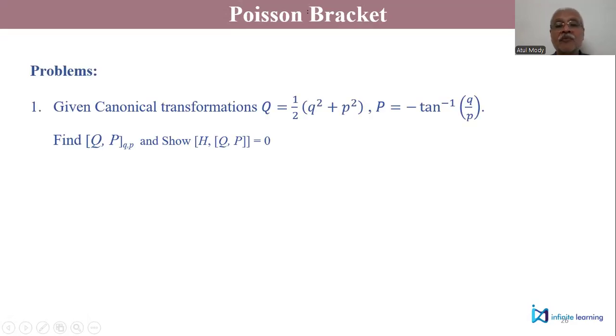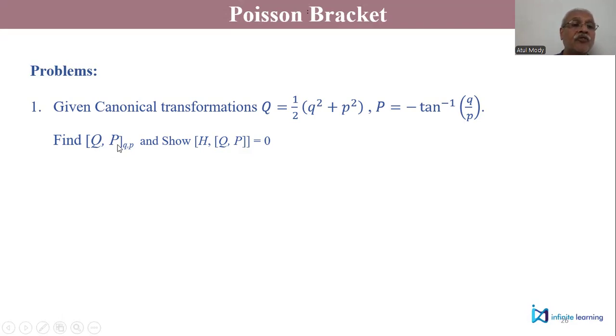Now let's take some problems. We are not going to solve them here in this video, but later on you can try them out. So given a canonical transformation, so you are already given transformation from old coordinates to new coordinate and old momentum to new. This is old coordinate and momentum to new coordinate and momentum.